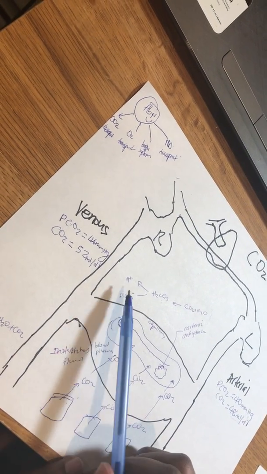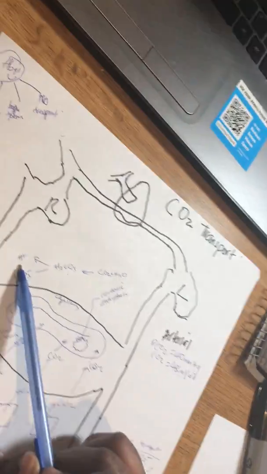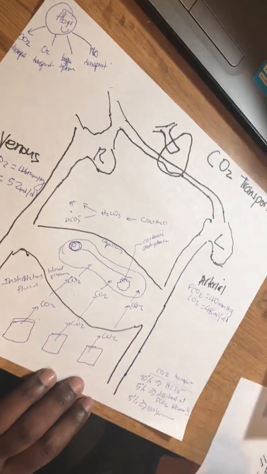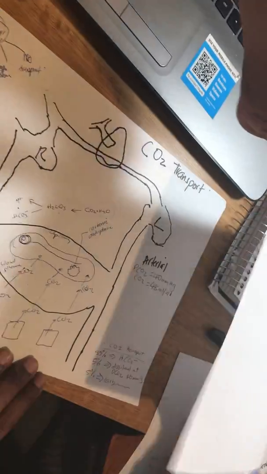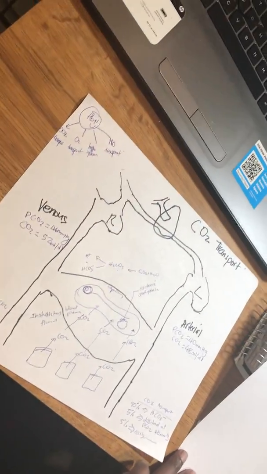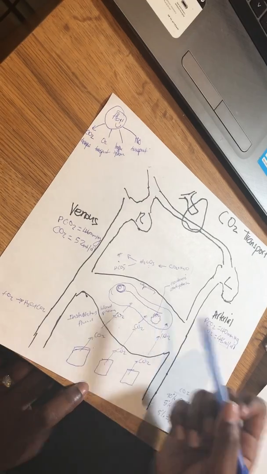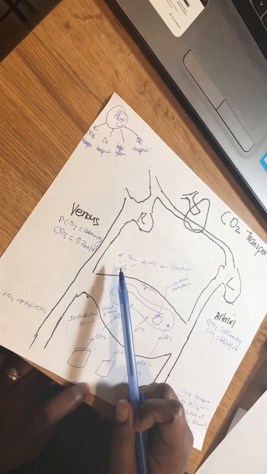The hydrogen that is produced, again, this is happening in your RBC. The hydrogen that is produced is picked up by your hemoglobin chain. So what I'm going to do is redraw the diagram here, just to follow what I'm doing, and put this to the side for a bit.